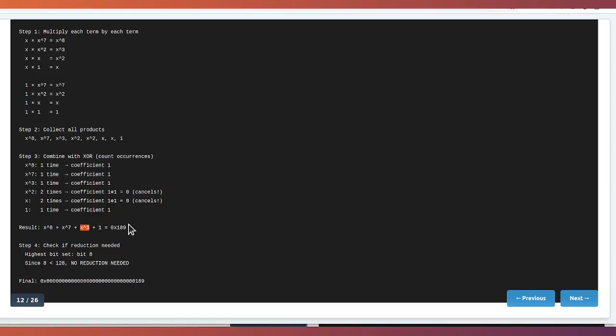Now we check if reduction is needed. The result 0x189 is 9 bits, fitting in bits 0 through 8. Since bit 8 is less than 128, no reduction is needed. The final result is 0x0189.